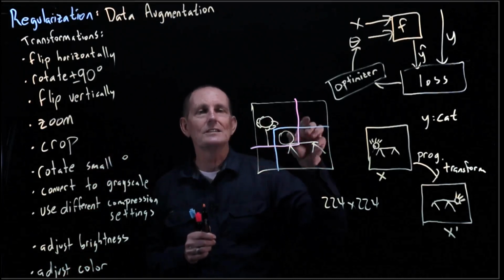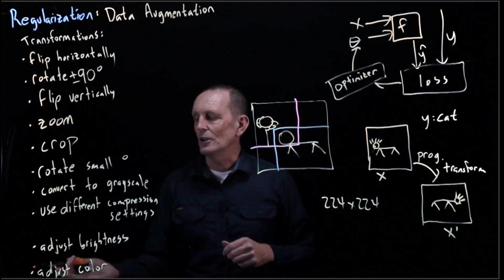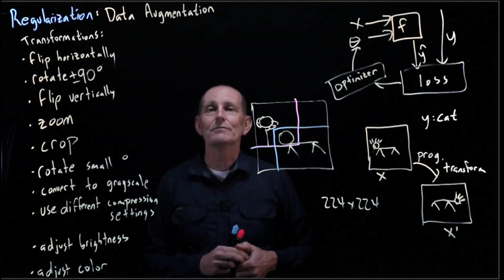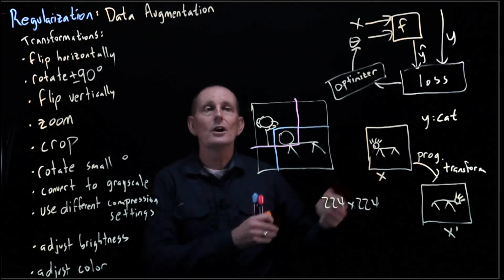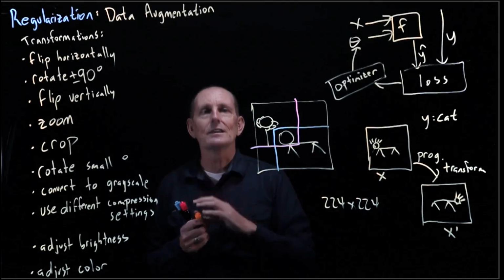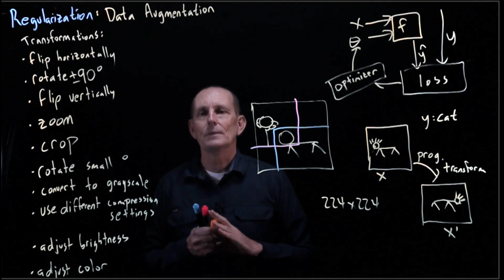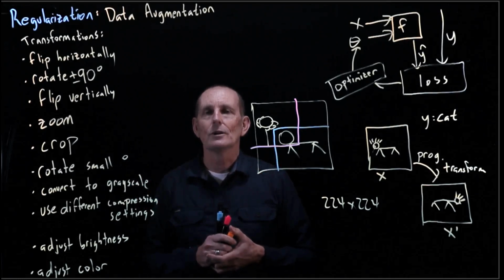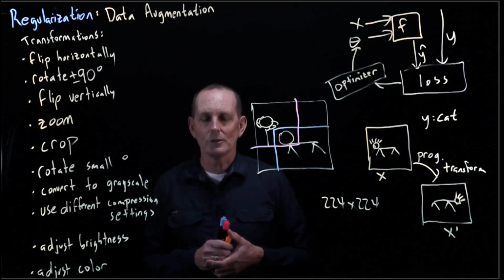One might have the reds slightly higher than the other. And so we could simulate this variance out in the real world by taking our training data sets and modifying the image to generate some of that variance that we see out in the world.